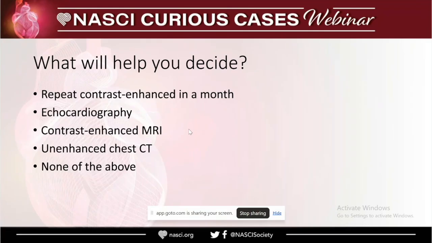I'm going to give you a couple of seconds. So what you really need is an unenhanced scan.